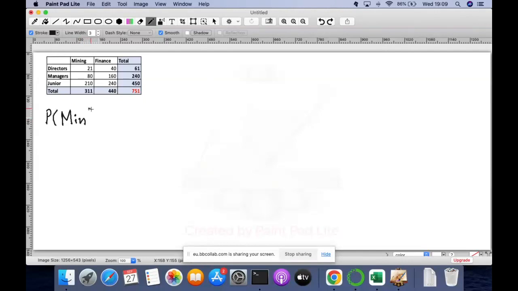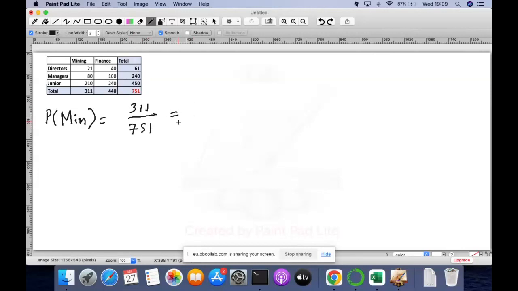So the probability of being in the mining sector. Well, like I said, it's the number of occurrences of interest. In our case, the event of interest is being in the mining sector. So we have 311 occurrences of being in the mining sector. Okay, if you look at the total for the mining column, and the total number of occurrences is basically the grand total. It's how many observations you have in total, so that's 751.